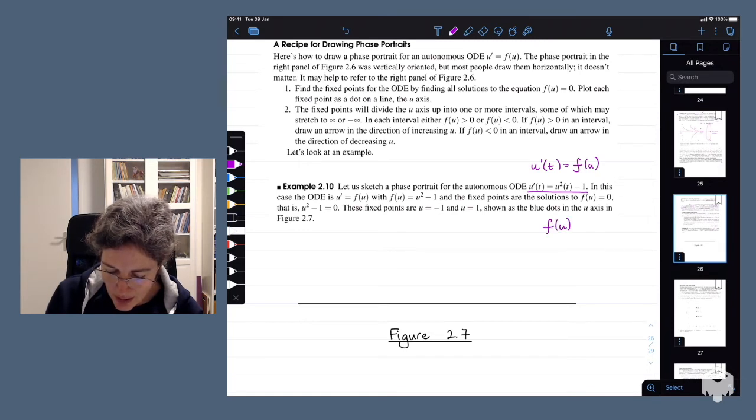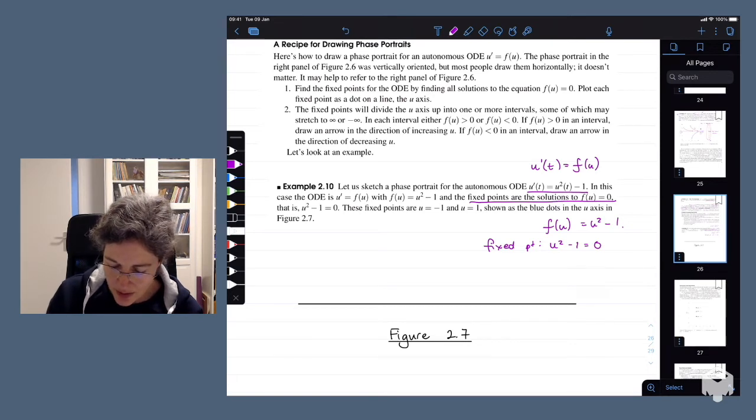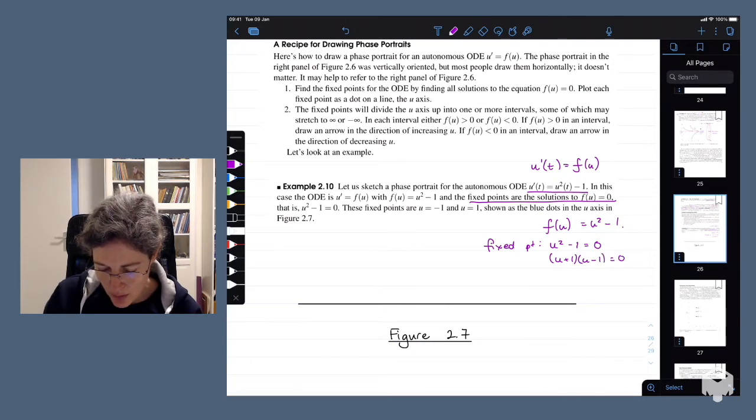Our f of u here is u squared minus 1. So our fixed points are the solutions to f of u equal to 0. We want u squared minus 1 equal to 0, and you can hopefully do that almost in your sleep. So that's (u plus 1)(u minus 1) equal to 0, and so our fixed points are minus 1 and 1.